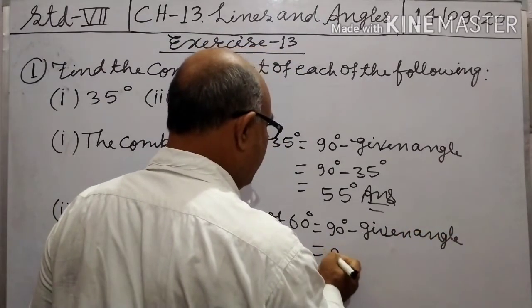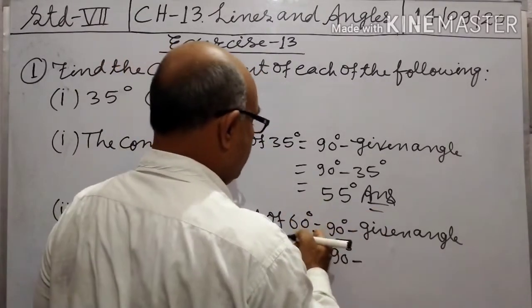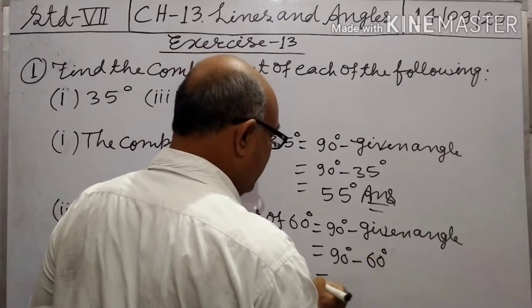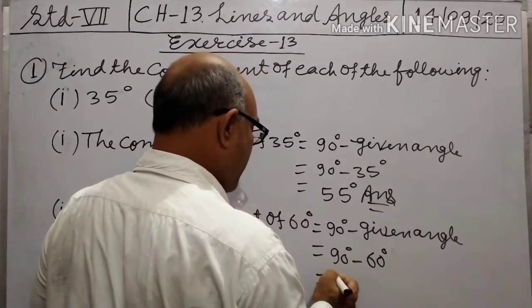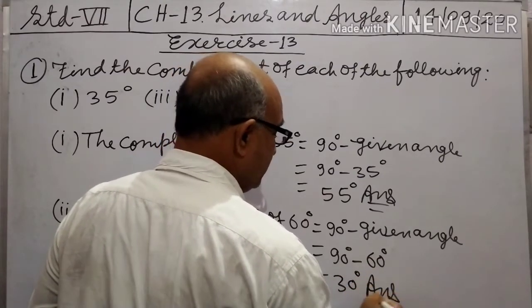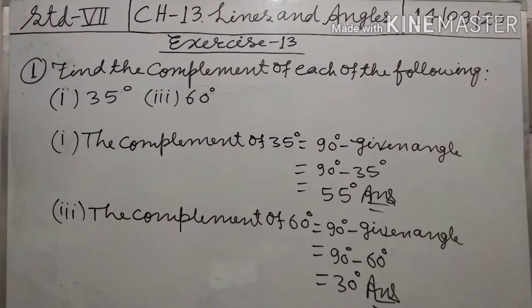So 90 degree minus given angle is 60 degree. So 90 degree minus 60 degree equal to 30 degree. Answer of this question. Students, understand and write it.